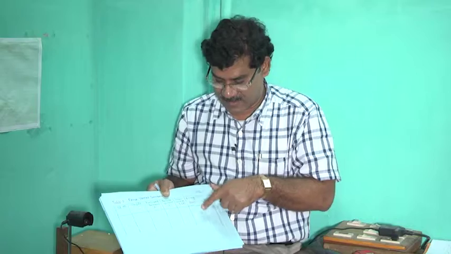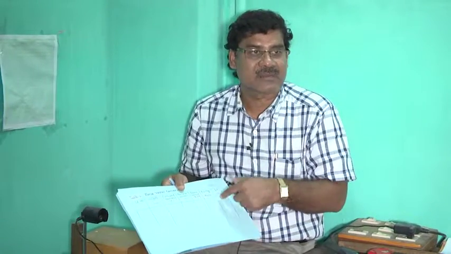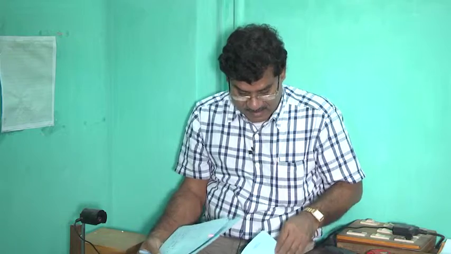At least 5 data points I need, and then I can plot the F versus I square graph. All data are in your hand, and you can calculate.